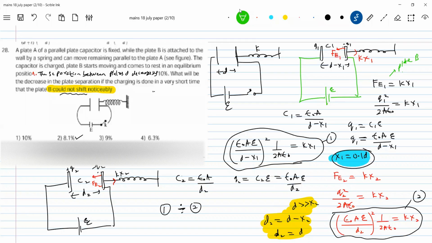Plate B will be at rest. You have to apply the basics, nothing big, no application, no concept here. Here, plate B will have velocity.